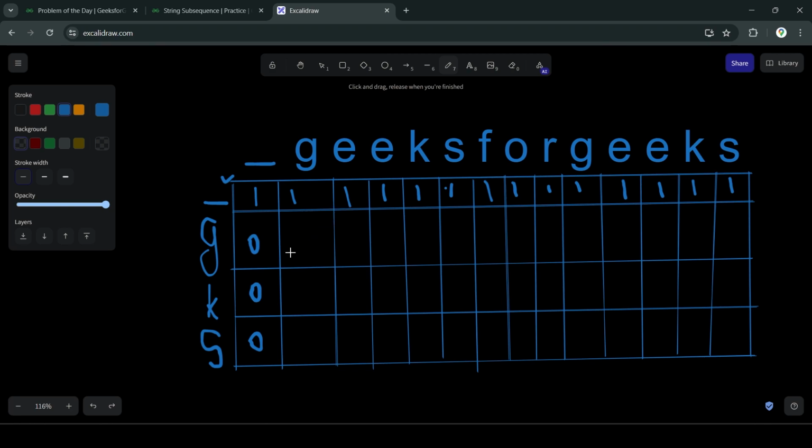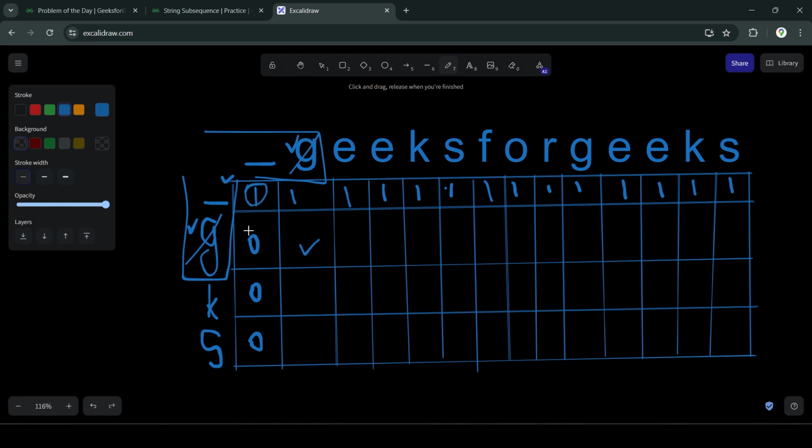Okay, so let us try to fill these cells, and let us talk about this cell. What does this cell mean? As I have told you, for this part they are matching. Already you can see that G is here, G is here. So if I remove G from here and G from here, then the answer will lie here, right?